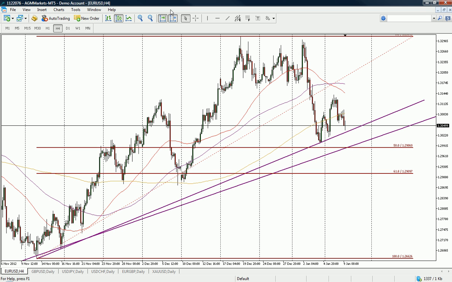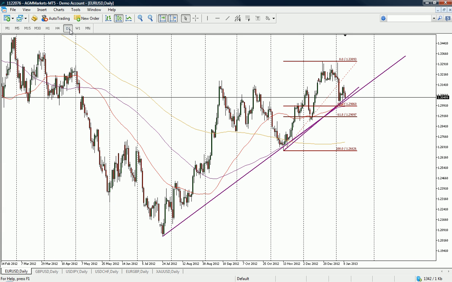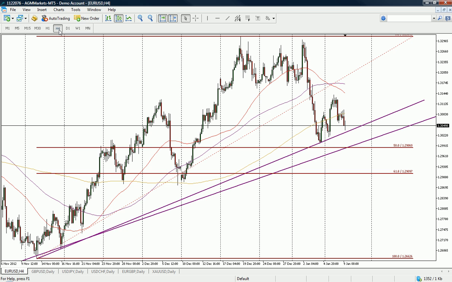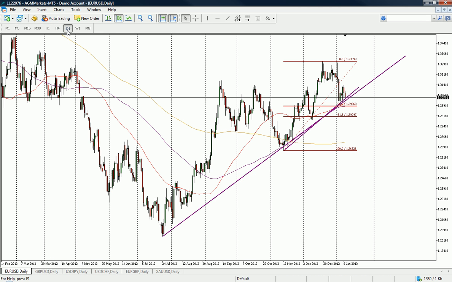This is the big fib, so if we flipped it from there, you can see it a bit clearer, but that's how I'd have my chart set up, to be honest with you, and just look for, if there's a nice reversal candle off any of these trend lines, then you could look to go long, and if we get a daily candlestick close below the trend lines, then it could start to sell off, but it's still in an uptrend.